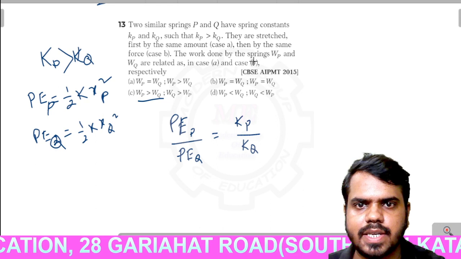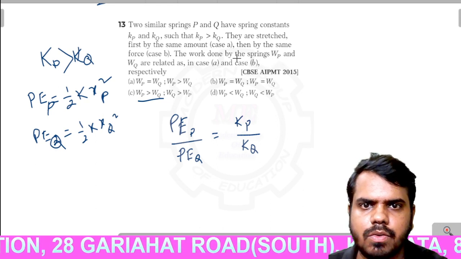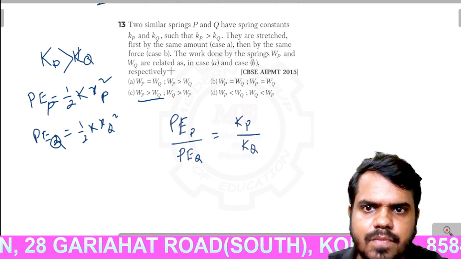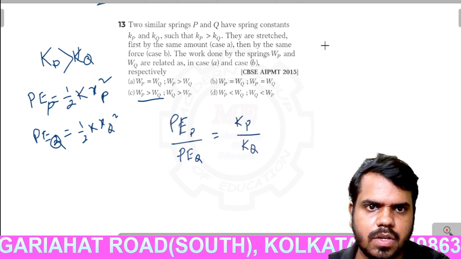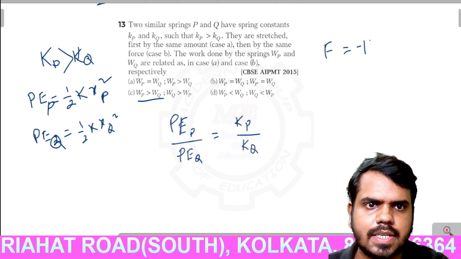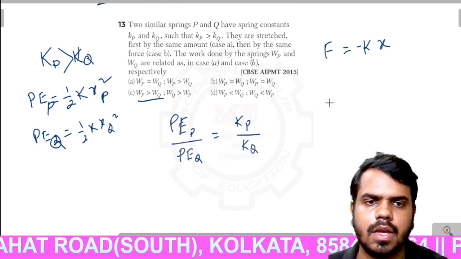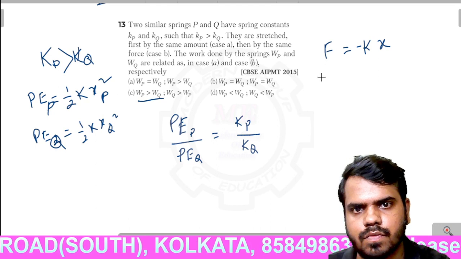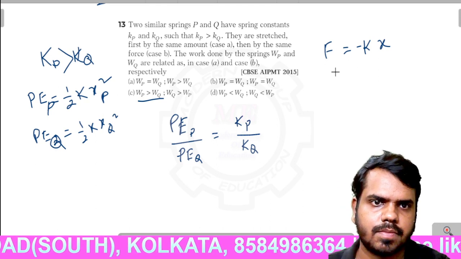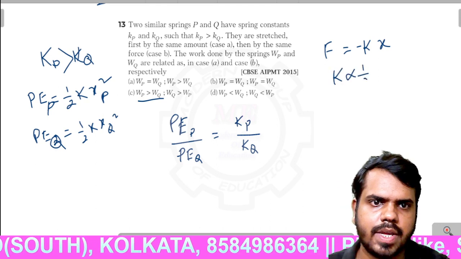Now in the second case, the work done by the springs by the same force. That means force F is equal to minus kx. Okay, F is equal to minus kx. Clear? So if the force is the same, that means k is inversely proportional to x.